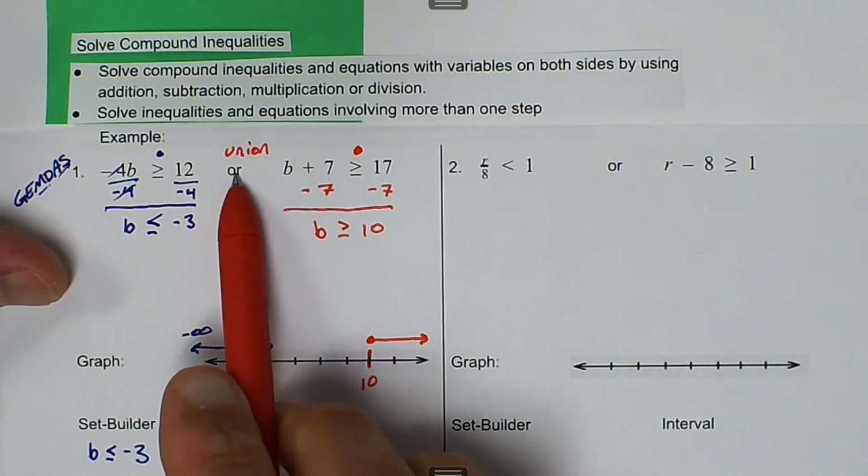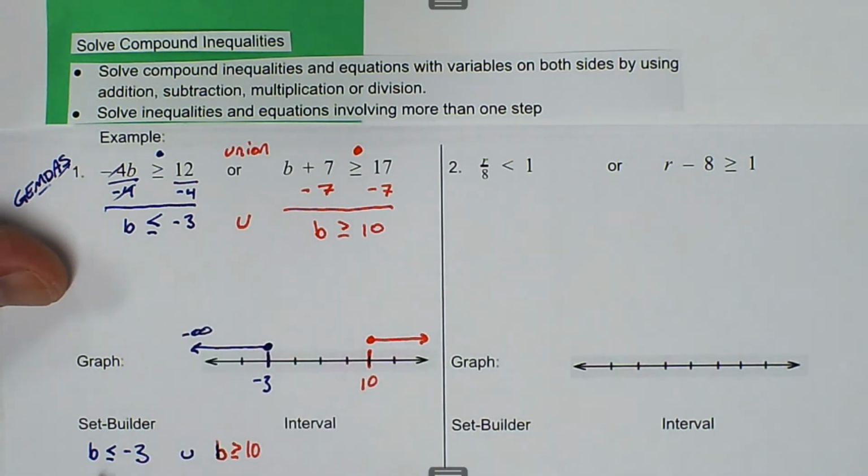Now, if it's written as or, we have to write it as two separate inequalities. We can never write it as a compound inequality. Later on, when it's written as and, we will be able to write it as one inequality. So in interval notation, we have to write two separate intervals.